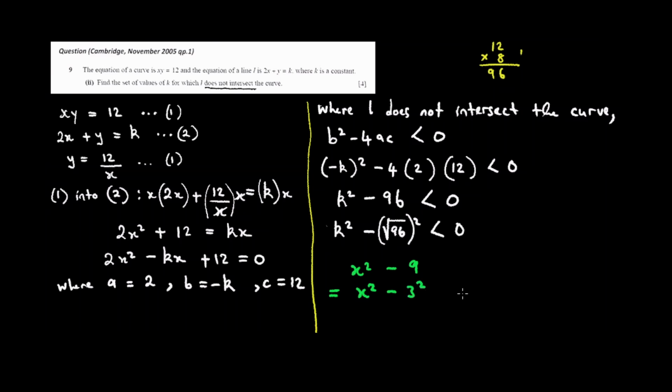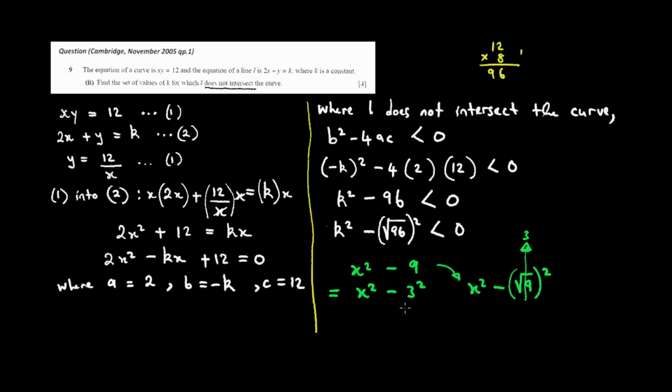Then we can write x minus 3 times x plus 3. But take note, 9 is written as 3 squared. It is the same as writing x squared minus the square root of 9, squared, knowing that the square root of 9 is 3.